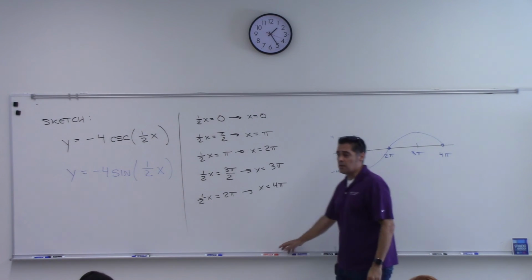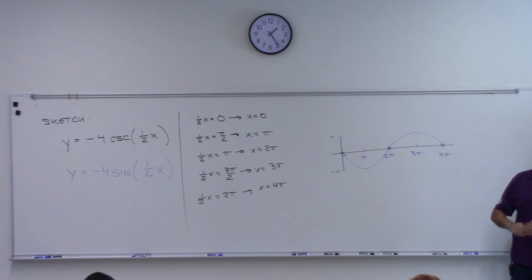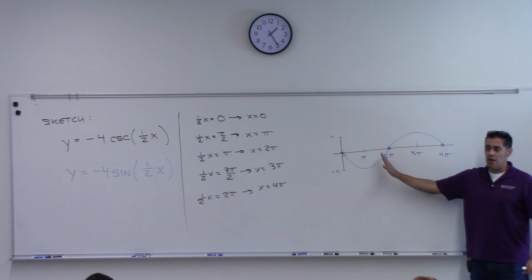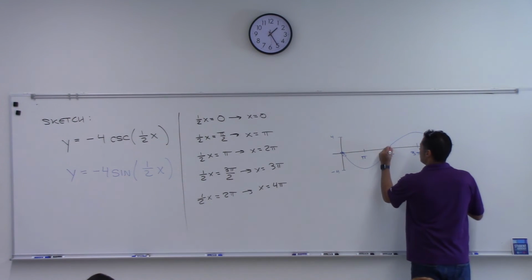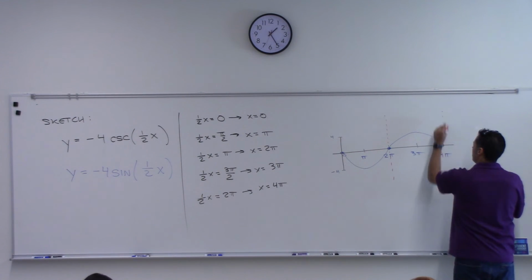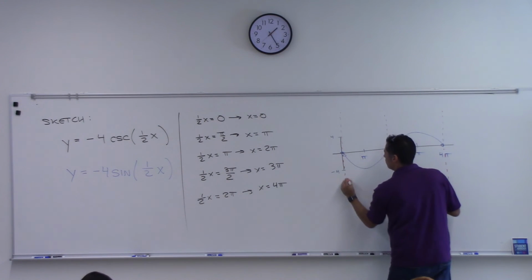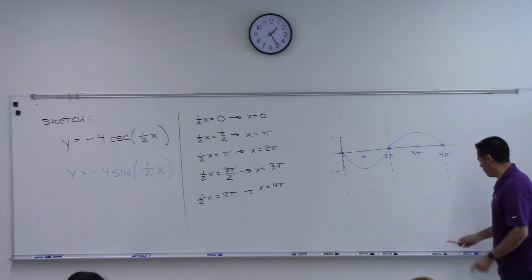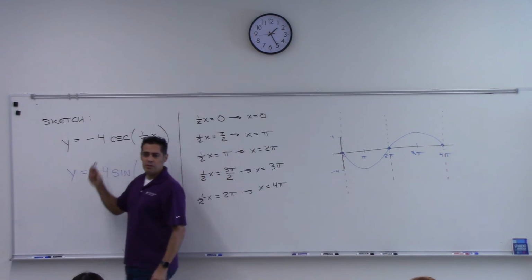Okay, once I'm here, I'm going to draw my vertical asymptotes. Remember, anywhere the sine function is 0, the cosecant function will be undefined. So at this x-intercept, I'm going to draw a vertical. At this x-intercept, I'm going to draw a vertical. And over here at this x-intercept, I'm going to draw a vertical, like that. And now I'm ready to draw the cosecant function.